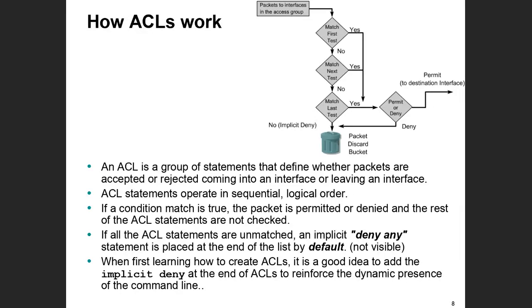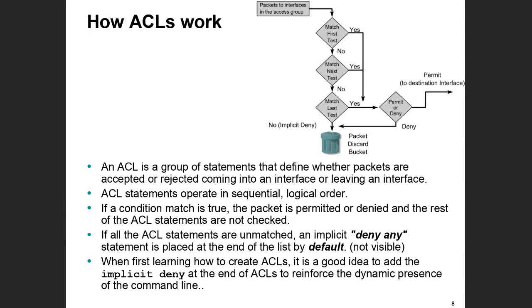They're written in a sequential logical order. As a packet comes into a router, and let's say there's an inbound access control list on the interface that the packet is coming into, the router is going to look at that inbound access control list and look at the first statement and say, does that source address match the address that's in my first statement?